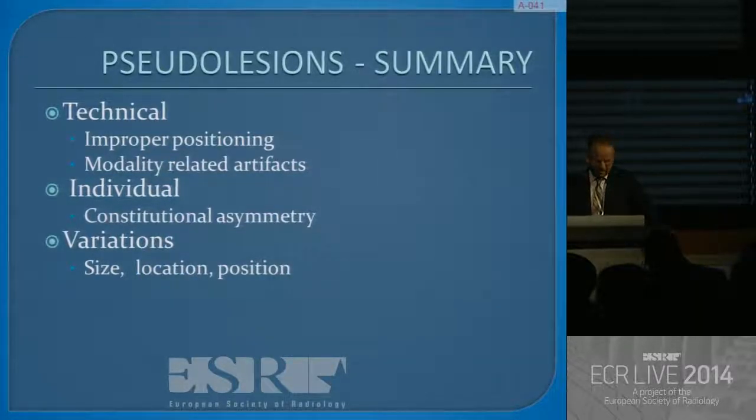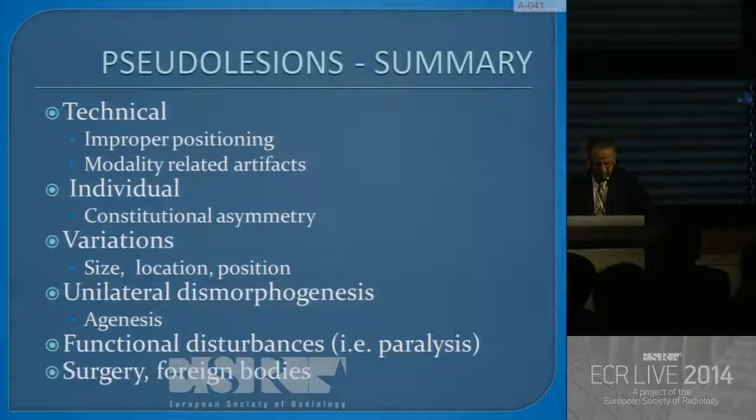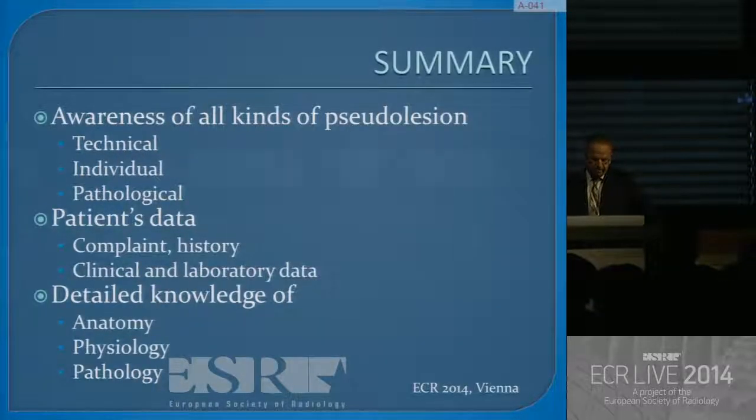Variation of any size, position, or location may result in pseudolesion. Agenesis or unilateral dysmorphogenesis, together with surgery, may be another tricky point, and functional disturbances, paralysis, may cause pseudolesions as well, like foreign bodies.